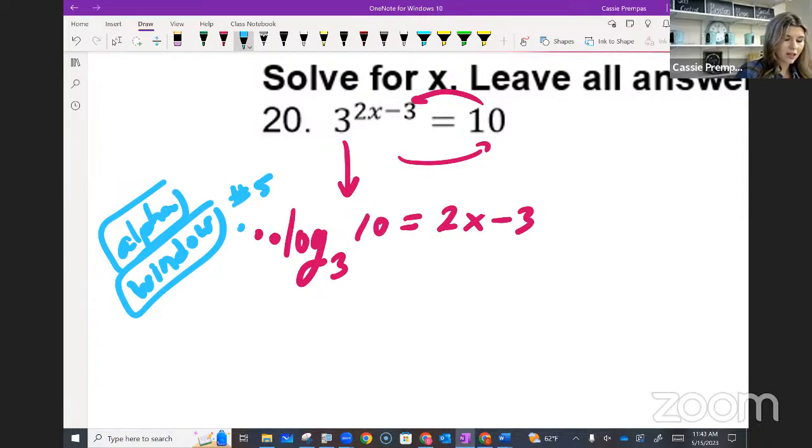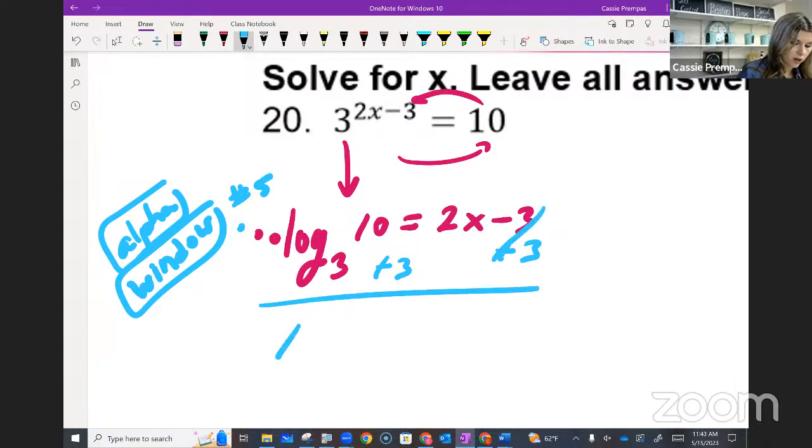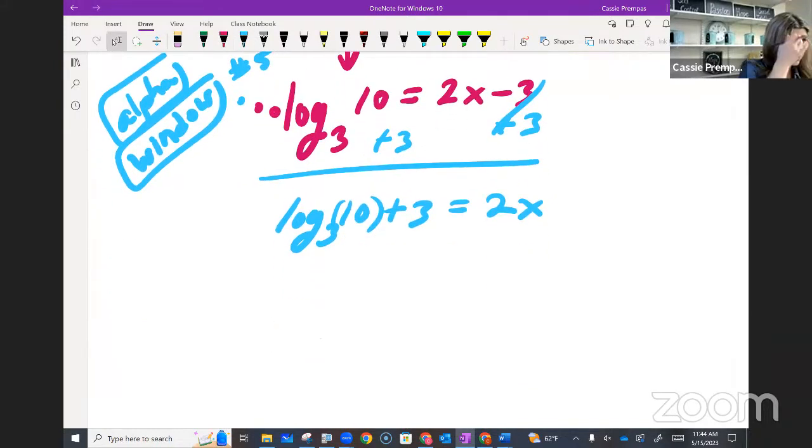And then how am I going to get x by itself? Add 3. So I'll have log base 3 of 10. Should I add 3 and say 13? No, remember this guy, it's by itself. Is equal to 2x. And then how do we get x by itself?